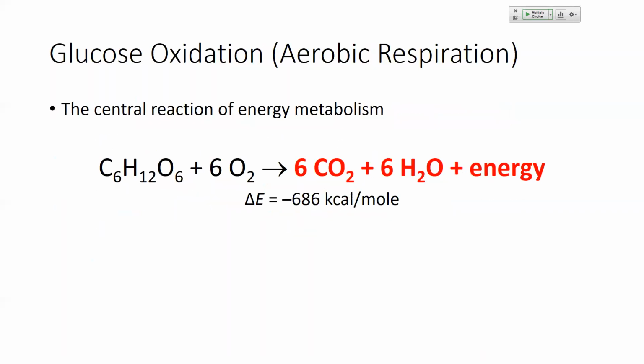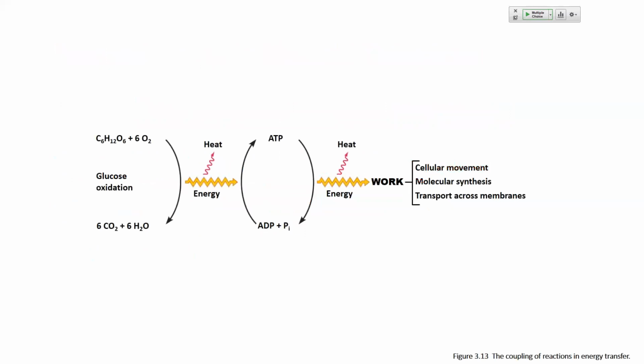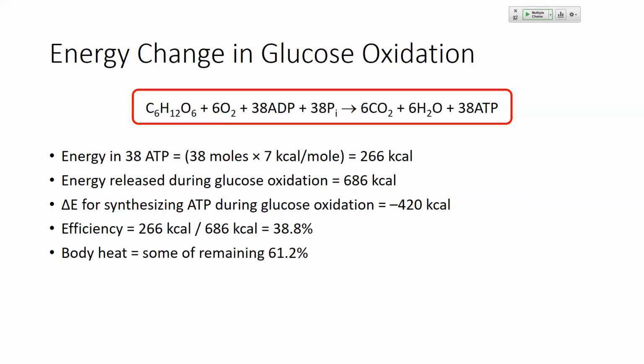So although we have the potential in one molecule of glucose to make 686 kilocalories per mole of energy, in actuality, we only generate about 266 kilocalories. So 420 kilocalories is lost in heat, right? That's a significant chunk of the energy from that glucose just evaporated into heat, okay? But that's just the way our bodies are, and that's just the law of thermodynamics. That's just what happens, okay?